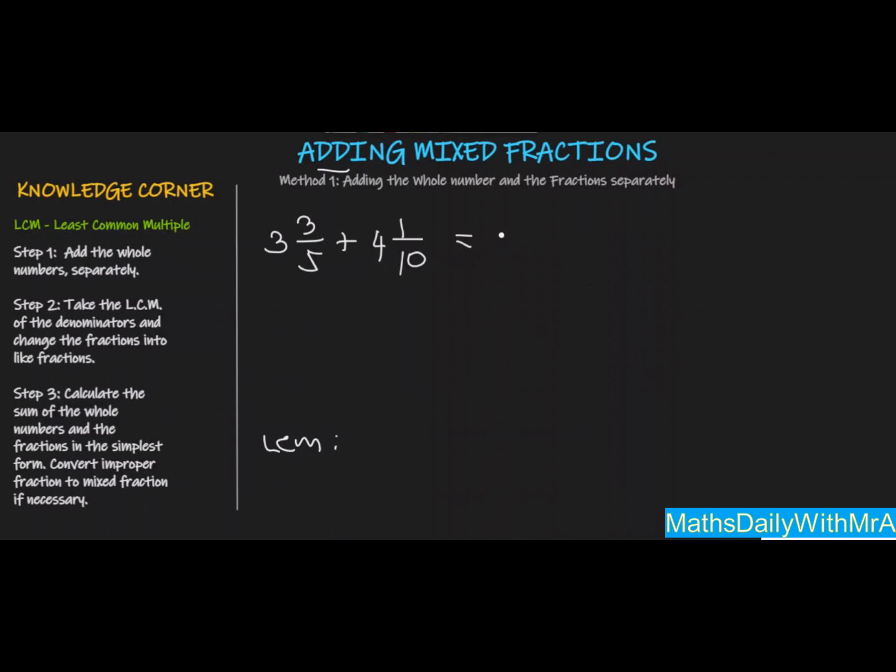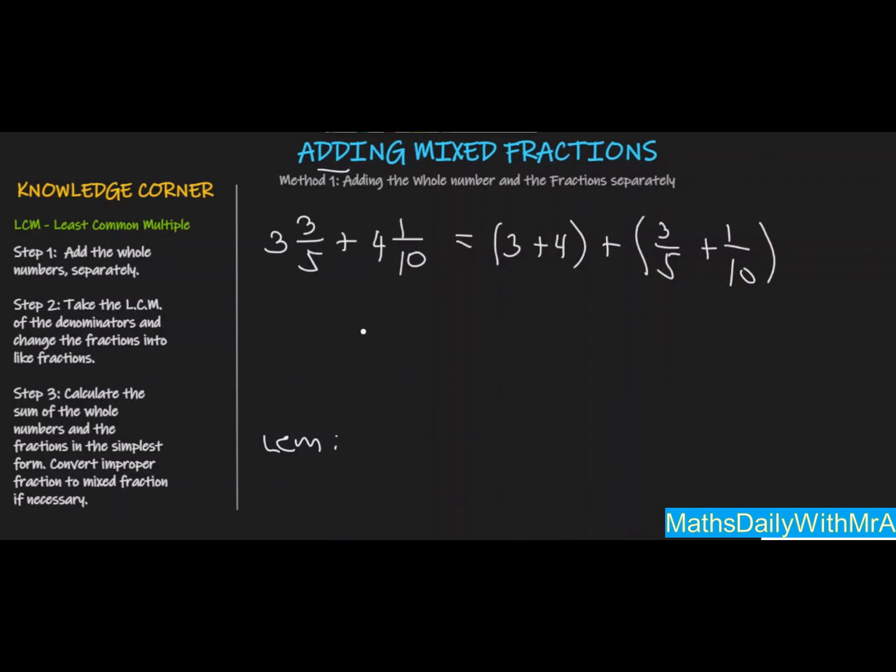From this equation, we can rewrite these fractions by putting together the whole number so we can add it separately. Let's put together the whole number, which are 3 plus 4 plus 3/5 plus 1/10.